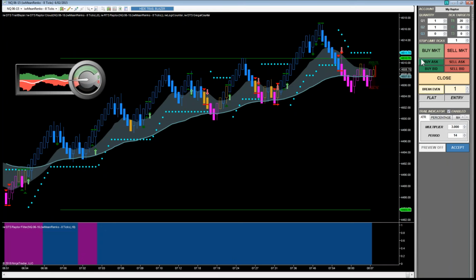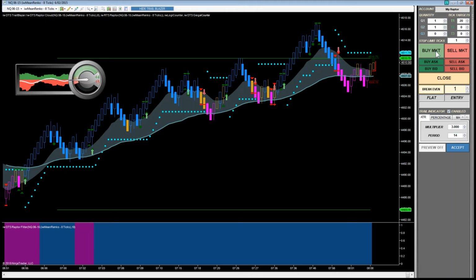Jim says the advance decline is still in a deadlock, and you can tell our Geiger counter here is also very flat. Oh, look at this. Okay, there's the buy signal.